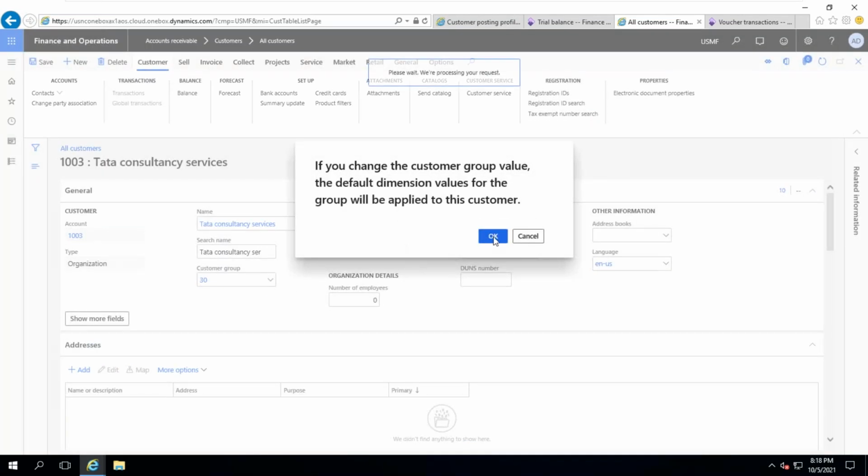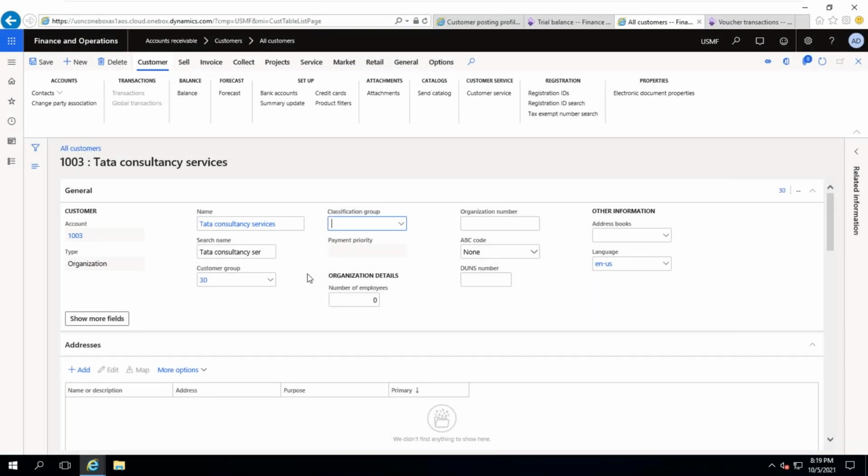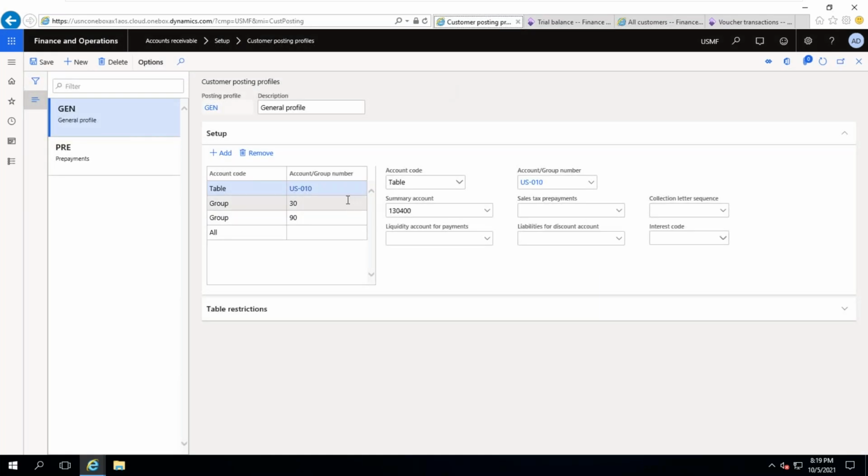So now for this customer group 30, we have already mapped the posting profile 130100. But for this customer, 1003, it is mapped with 130400.